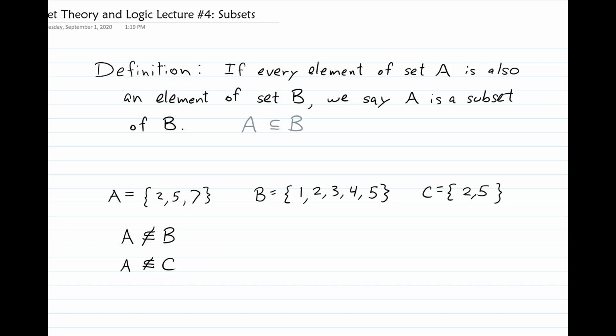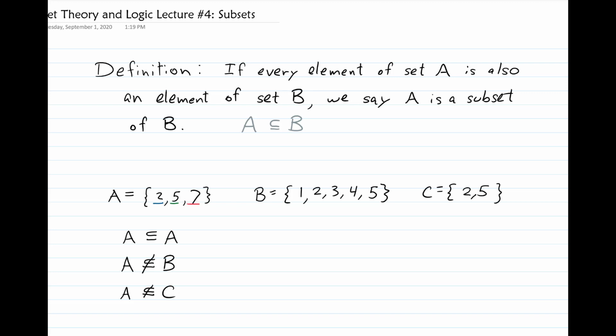Well, 2 is in A, so 2 is in A. 5 is in A, so 5 is in A. 7 is in A, so 7 is in A. So everything that's in A is in A. So doesn't that mean that A is a subset of itself? It is.